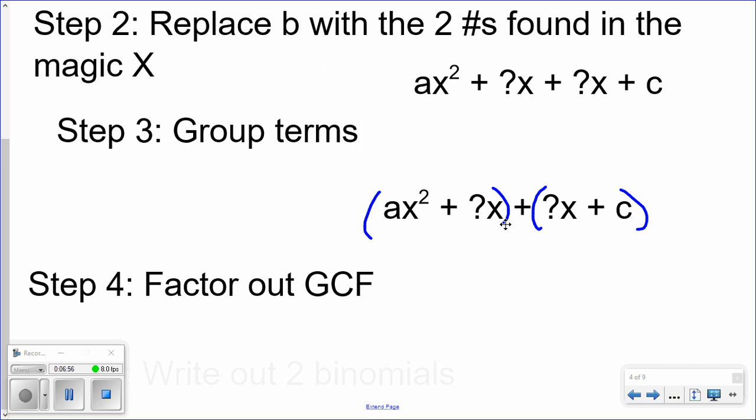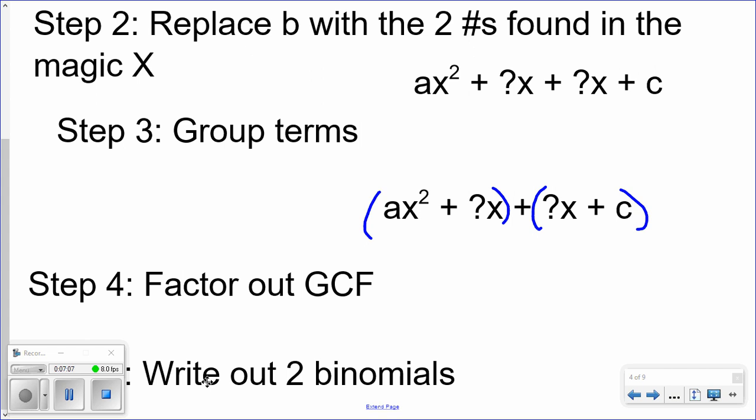They should have the same leftovers, which means we could factor that out again and create our two binomials. And then we just write our two binomials. So let me show you an example, because I know that's hard to follow with just steps.